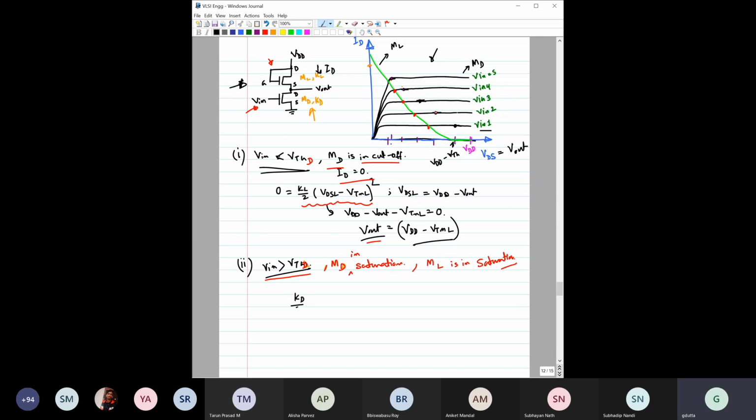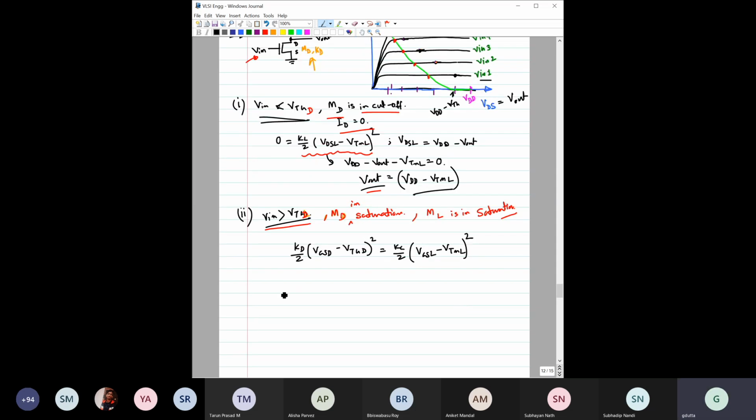So just simply KD by 2 into VGSD minus VTHD, that is square, equals KL by 2 into VGSL minus VTNL, that is square, right?